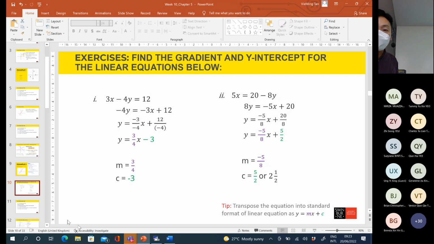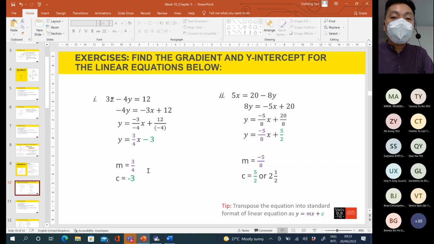Now it's not in the standard format. So for this question, we need to transpose so that y will be the subject. That means only y is alone on the left-hand side.